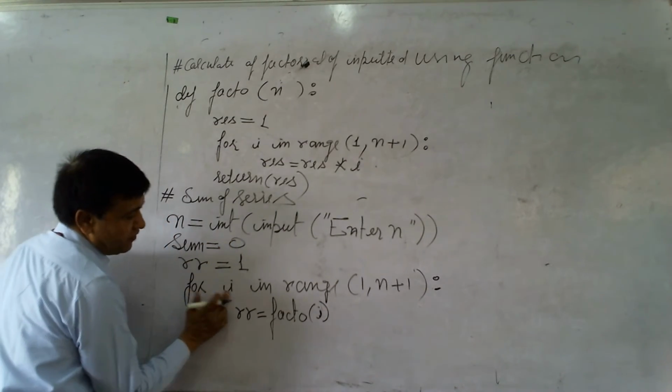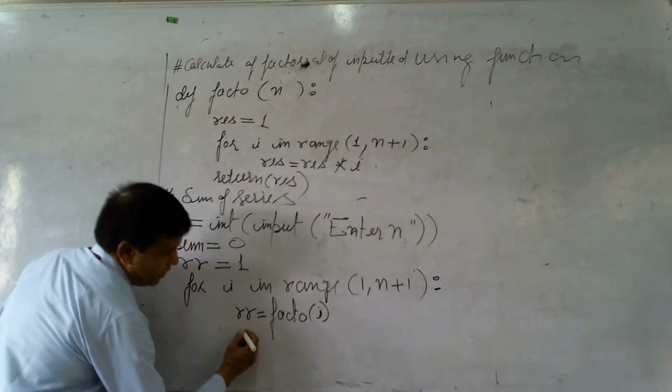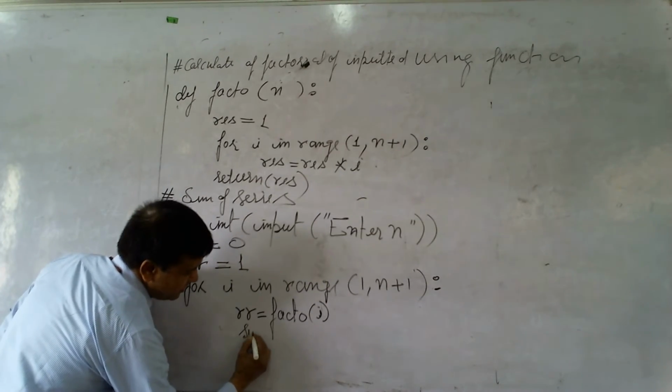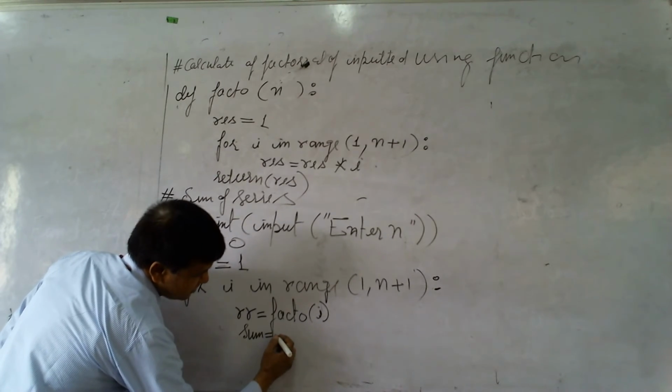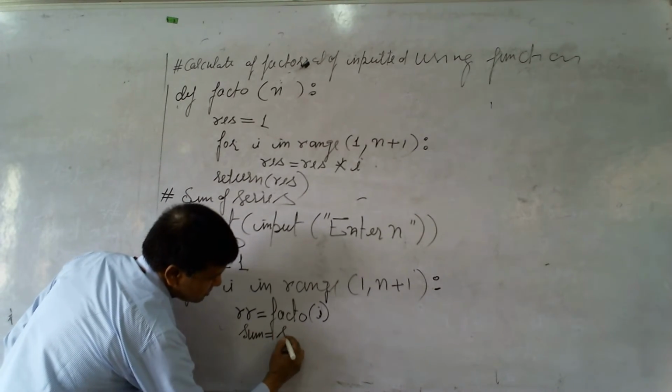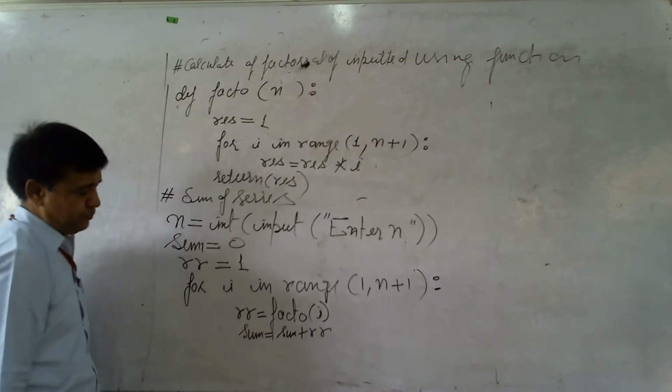If the value of i is 1, the factorial of 1 will be calculated, and another term I am using here to calculate the sum of series. This is sum plus rr.